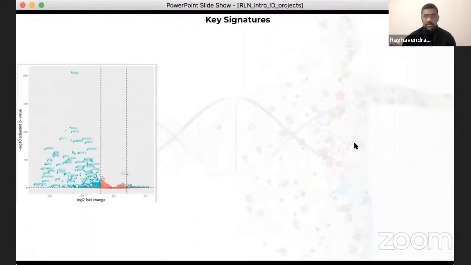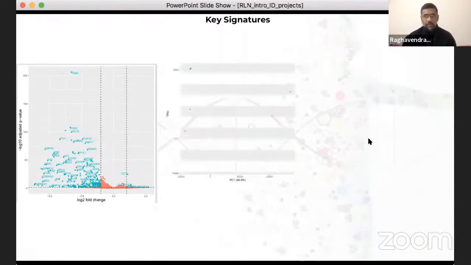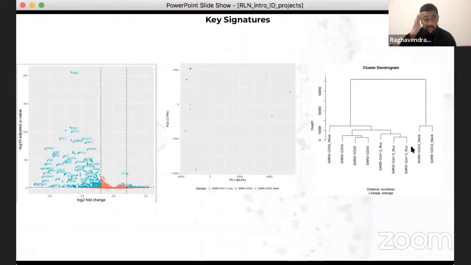We will also learn important bioinformatics methods for identifying gene expression signatures for treatments like Rux. We will perform differential gene expression analysis between Rux-treated and untreated samples. We will also employ unsupervised machine learning methods like principal component analysis and clustering to understand the potential of these signatures in categorizing drug-treated and untreated samples.